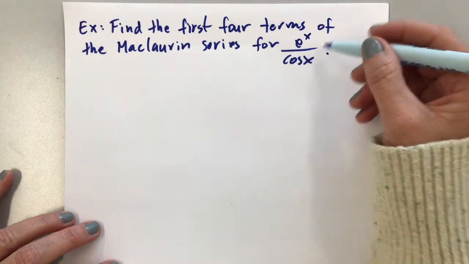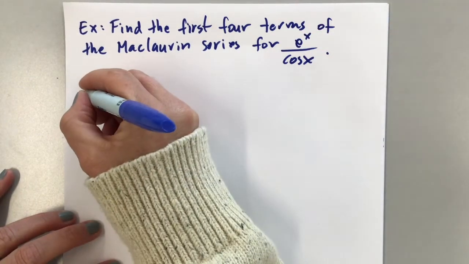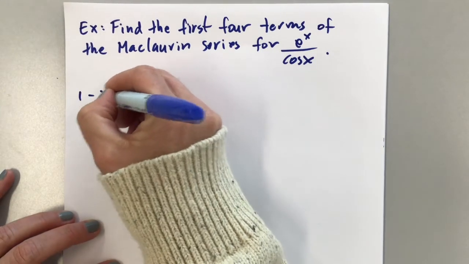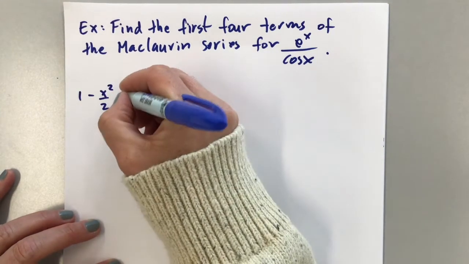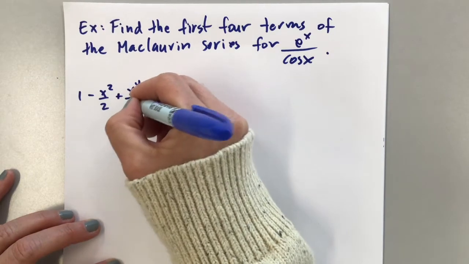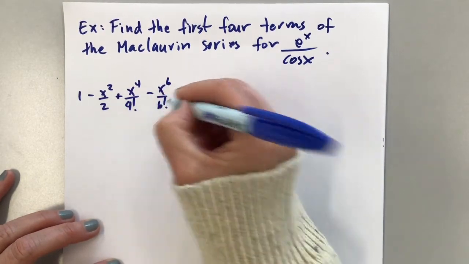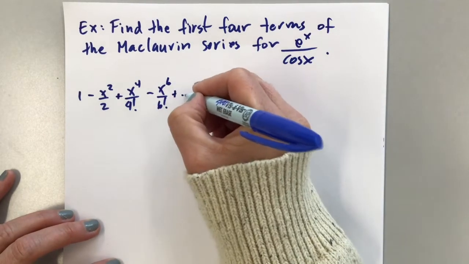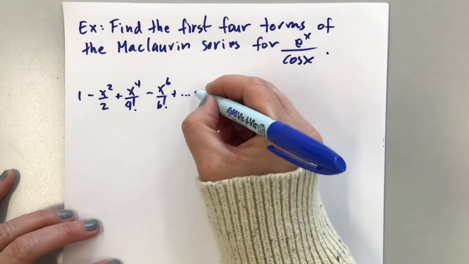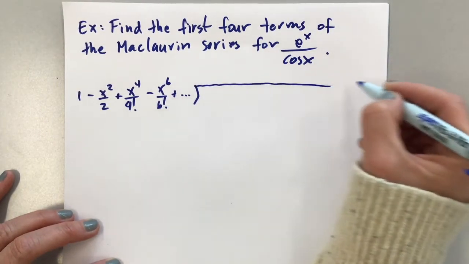So the power series for cosine of x is going to be 1 minus x squared over 2 plus x to the 4th over 4 factorial minus x to the 6th over 6 factorial. And I'll go ahead and stop there. We're going to divide that into the power series for e to the x.